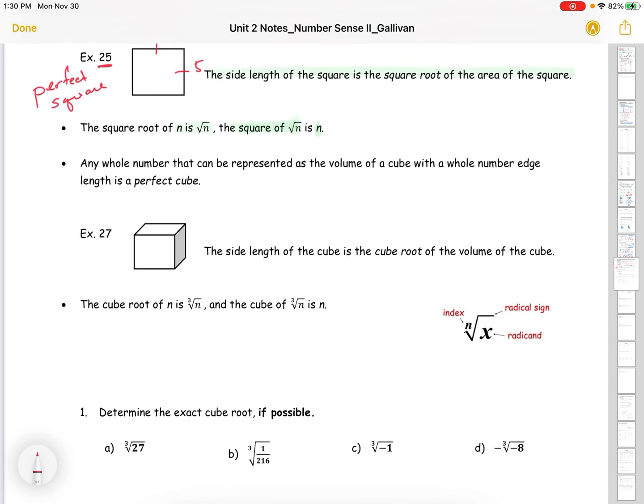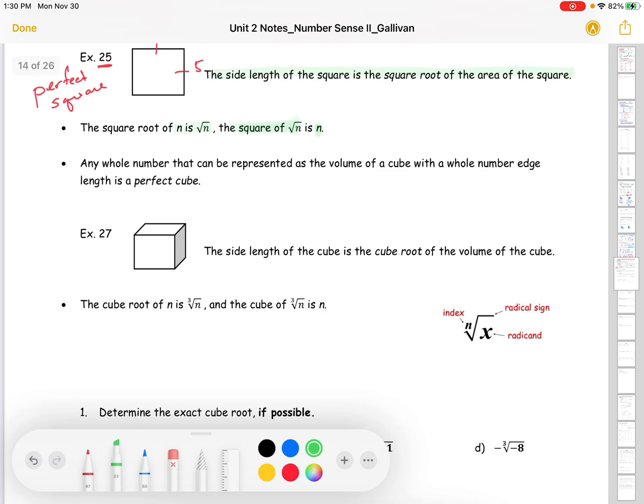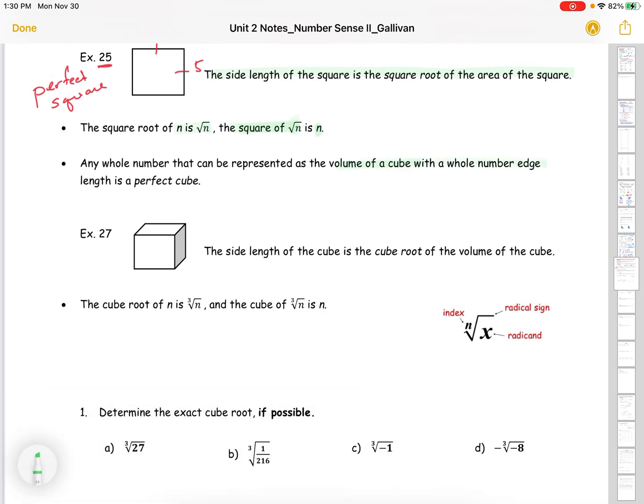Now any whole number that can be represented as the volume of a cube with a whole number edge length is a perfect cube. So for example, if the volume is 27, then that's equal to the side cubed.